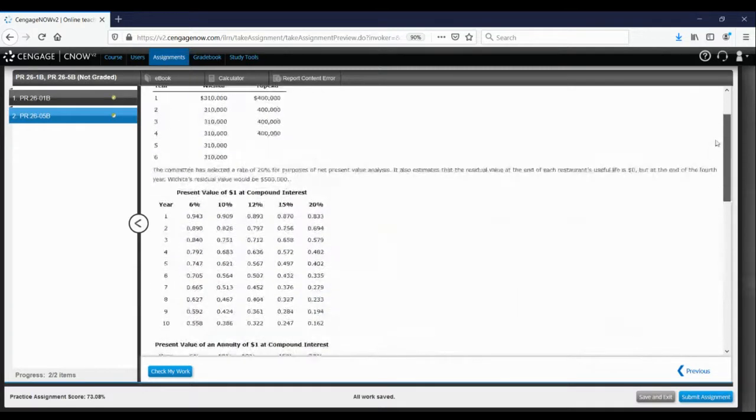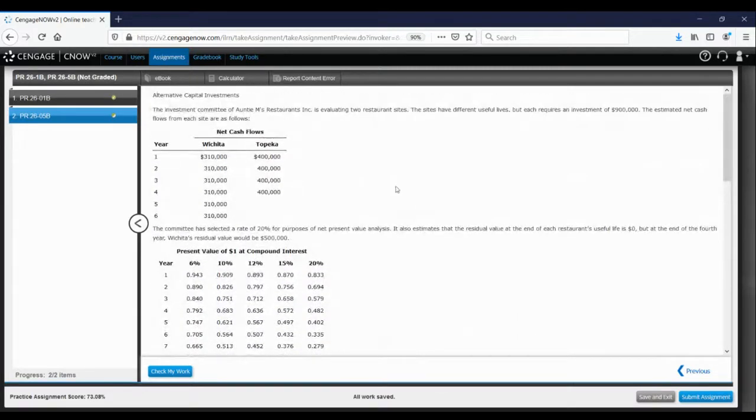So we're going to look at this from the standpoint of if we've got two investments, and one of the investments has a longer useful life than the other one, in this case the Wichita company, what if we shorten that useful life to 4 years?